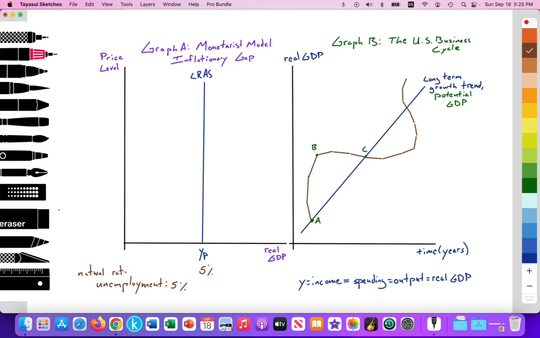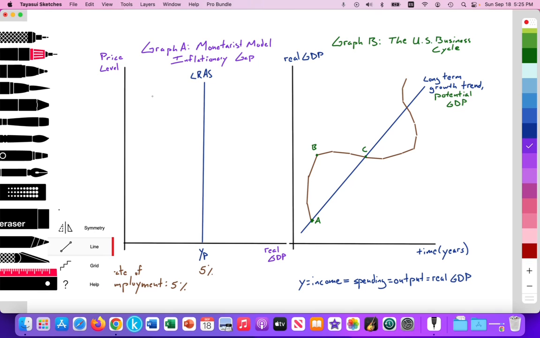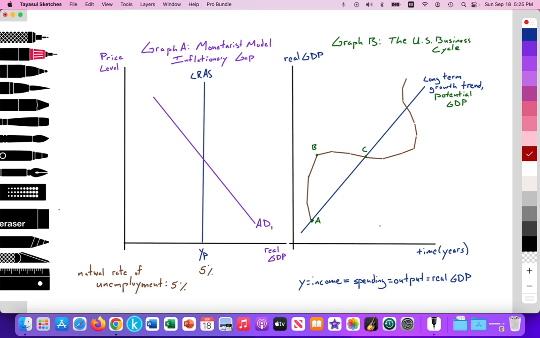Okay. Then we'll have our downward sloping aggregate demand curve, labeled AD1. And we have our upward sloping short run aggregate supply curve, labeled SRAS1.